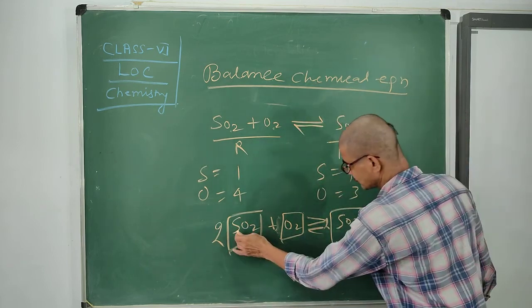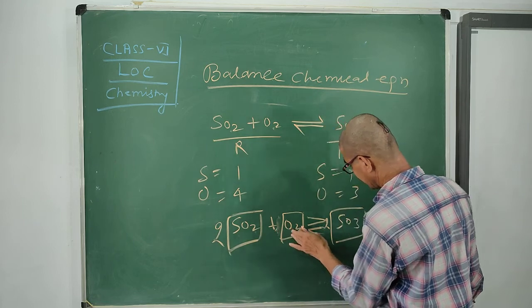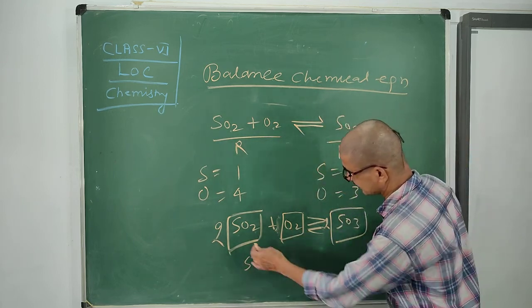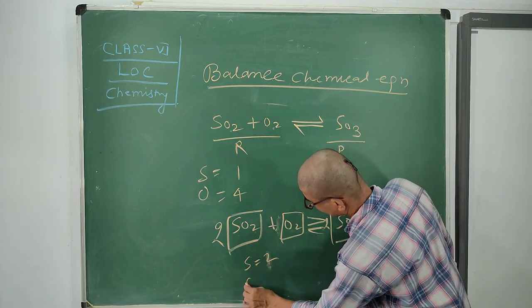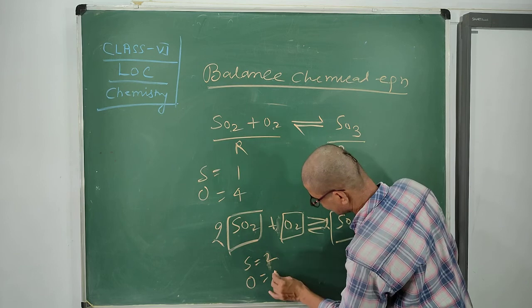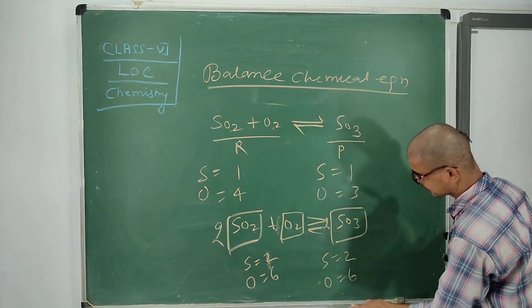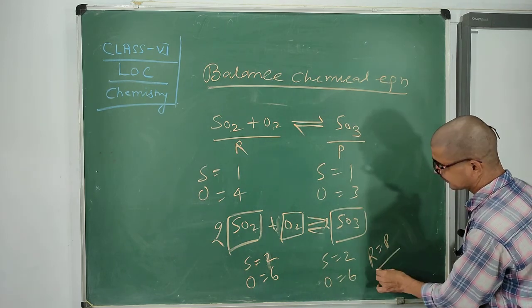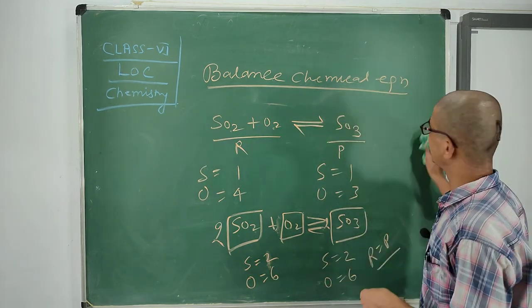So sulfur is 2, oxygen is 2 times 2 is 4, 2 plus 4 is 6, and 3 times 2 is 6. So it is called a balanced equation. Sulfur equals 2, oxygen equals 6 on both sides. This is called a balanced chemical equation because the reactant is equal to the product. At both sides the atoms are equal, that is why it is called a balanced chemical equation.